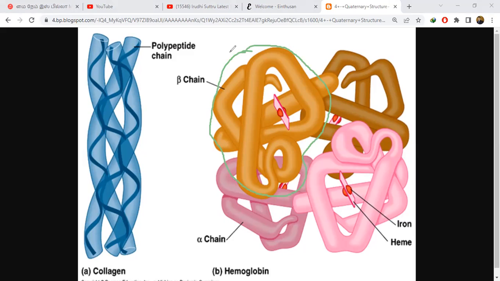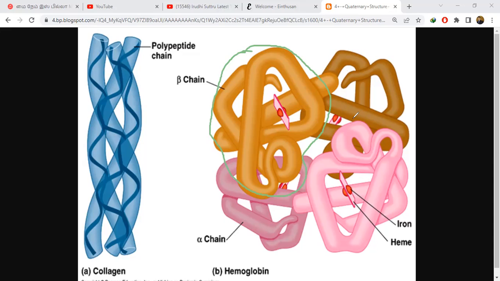In hemoglobin, the right side picture, how many subunits are there? Four. In collagen, how many subunits are there? Three.